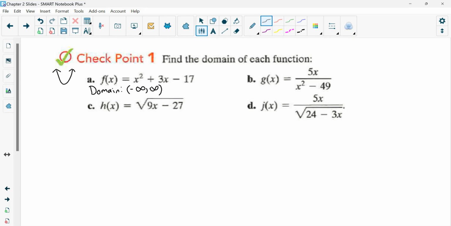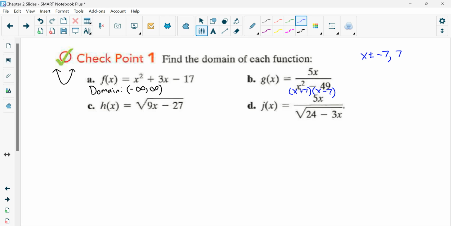All right, so that is going to be difference of squares. We'll factor that as x plus 7, x minus 7. And so, because we can't have our denominator equal to 0, essentially what we're saying is that x cannot equal -7, because -7 plus 7 is 0, and x cannot equal +7, because 7 minus 7 is 0.